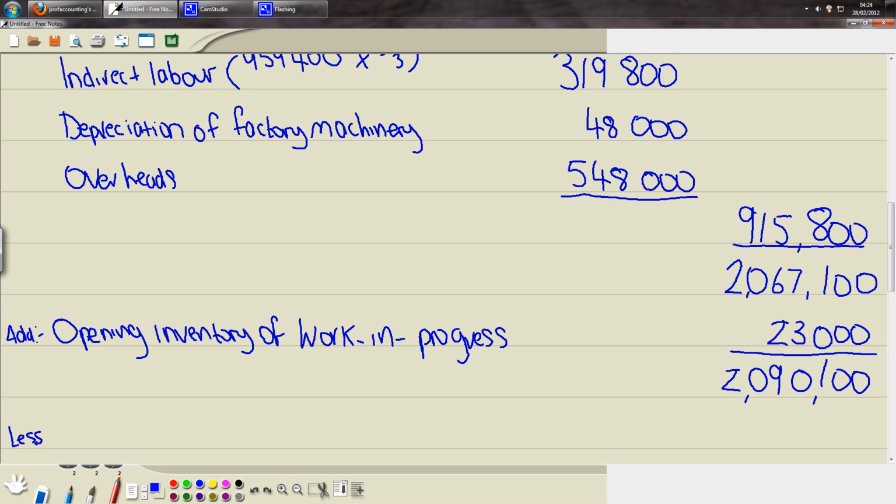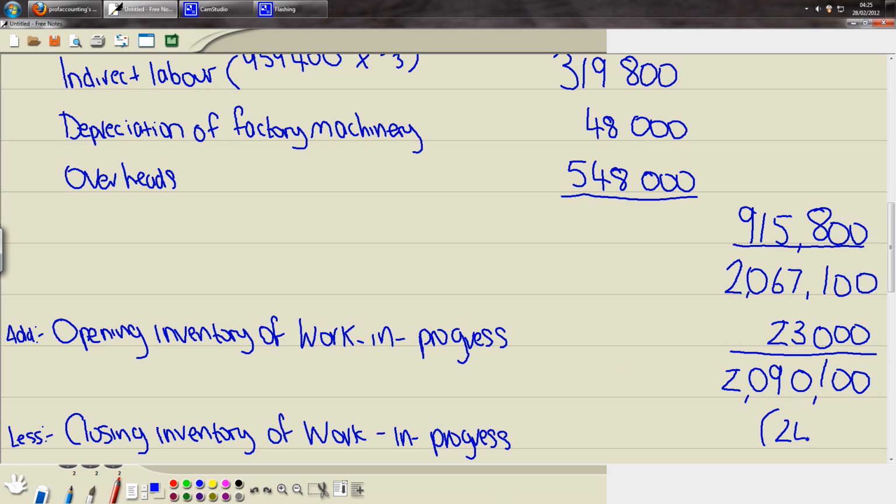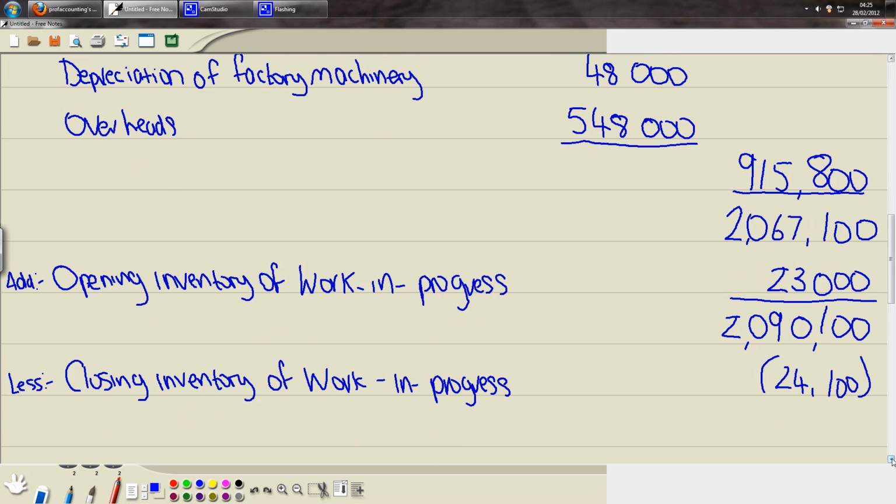Closing inventory of work in progress. It's given to be 24,100. That can be taken away. 0, 0, 0.